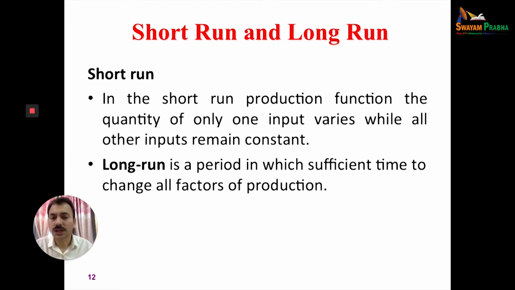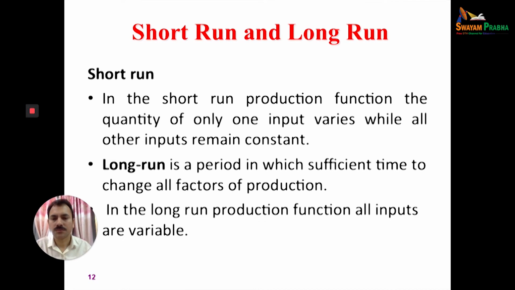Whereas the long run is a period with sufficient time to change all the factors of production. All factors of production are variable in the long run. But the short run is a time period when the producer can produce the quantity or output up to his existing capacity.